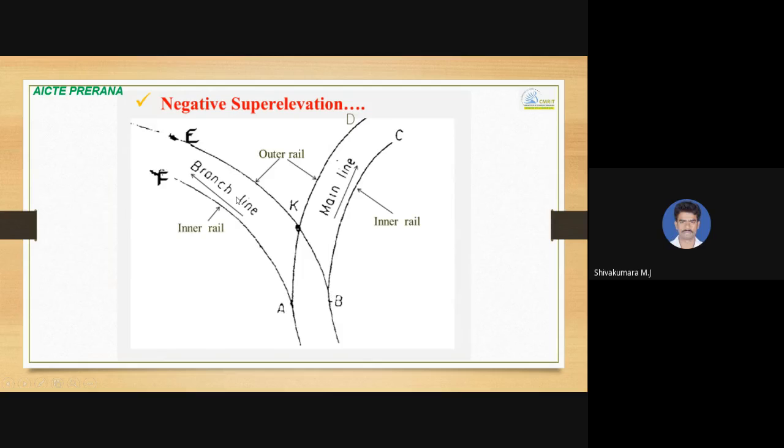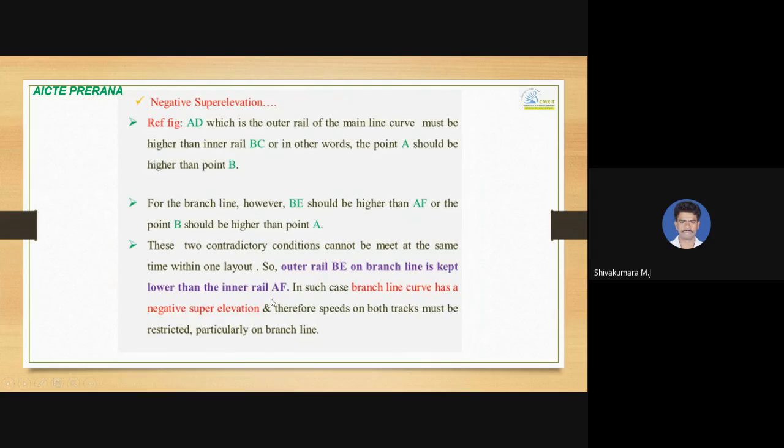So this B should be at a higher elevation than AF, but that we can't provide. Or the point B should be higher than point A. These two contradictory conditions cannot be met at the same time within one layout. It is not possible. So the outer rail BE of the branch line is kept lower than the inner line AF.